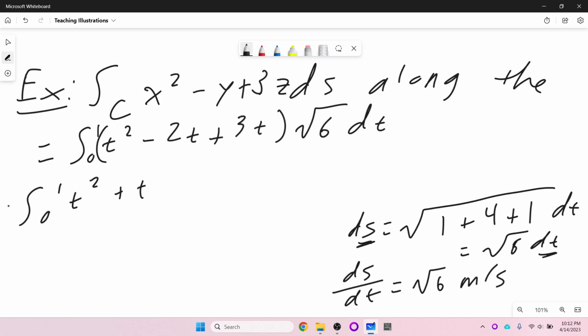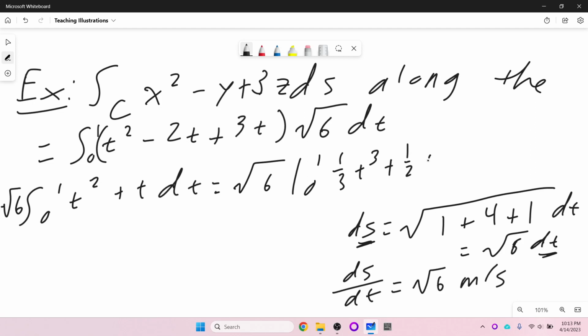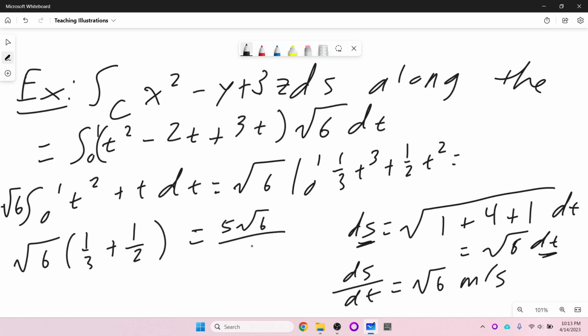So t squared plus t, and then we'll put the root 6 out front. dt becomes root 6, integral 0 to 1 of 1/3 t cubed plus 1/2 t squared, which would then become root 6 times 1/3 plus 1/2, which is 5/6, so 5 root 6 over 6. That's my answer.